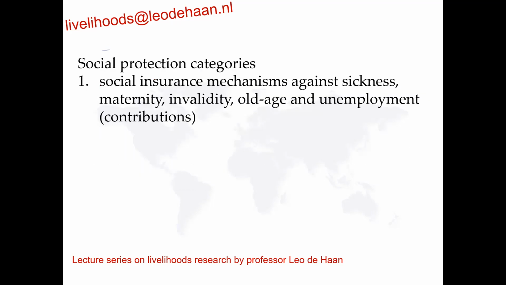Social protection is usually divided in three main categories. First, social insurance mechanisms, which safeguard participants against the negative material effects of sickness, maternity, invalidity, old age, and unemployment. Contributions from workers and their employers typically provide the financial basis for these insurance mechanisms.